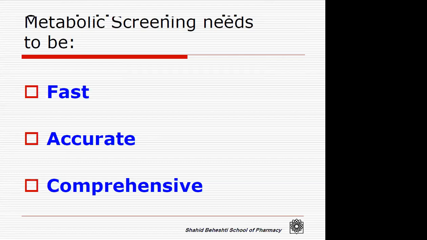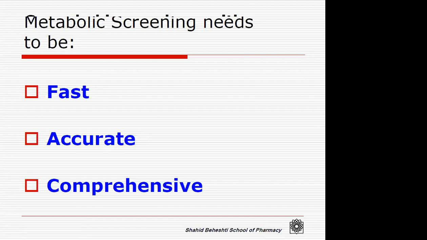On the other hand, if you diagnose a baby as positive and he or she is not defective and the baby does not have the metabolic disorder, then the parents would panic. Just imagine that you have your baby and the lab tells you that your baby has a metabolic disorder.